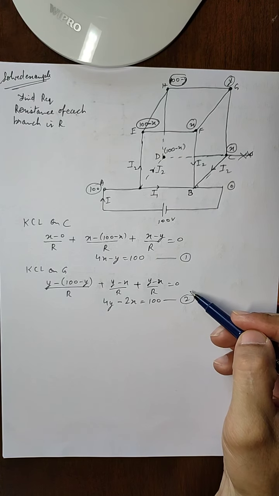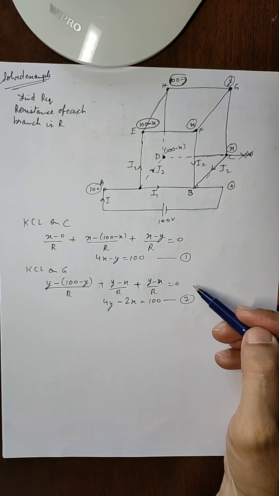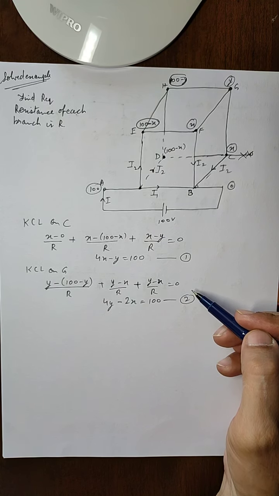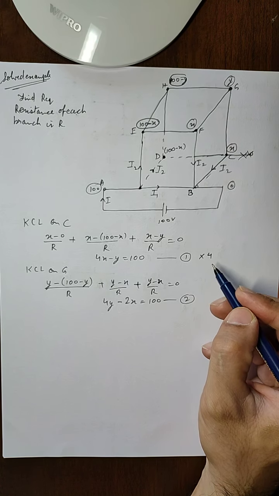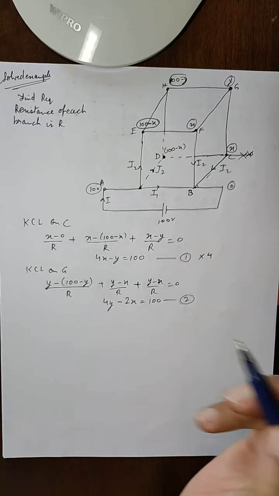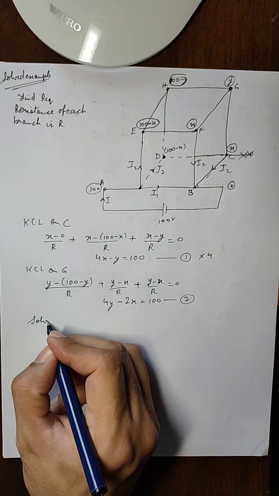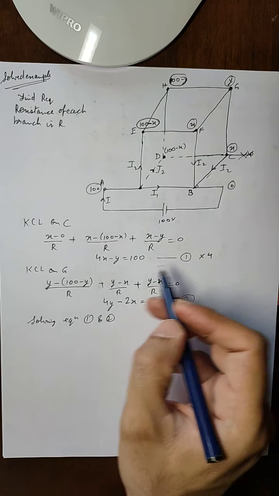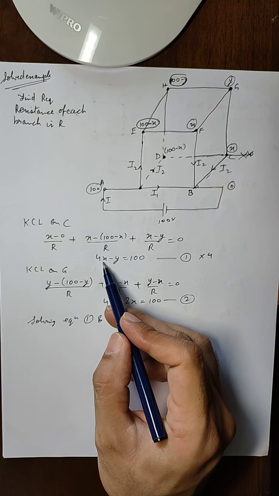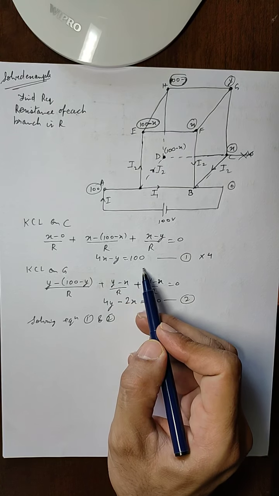Now we have two equations 1 and 2, and we need to find out the values of x and y. So solving equation 1 and 2, we are multiplying this by 4, so it will be equal to 16x minus 4y equal to 400.